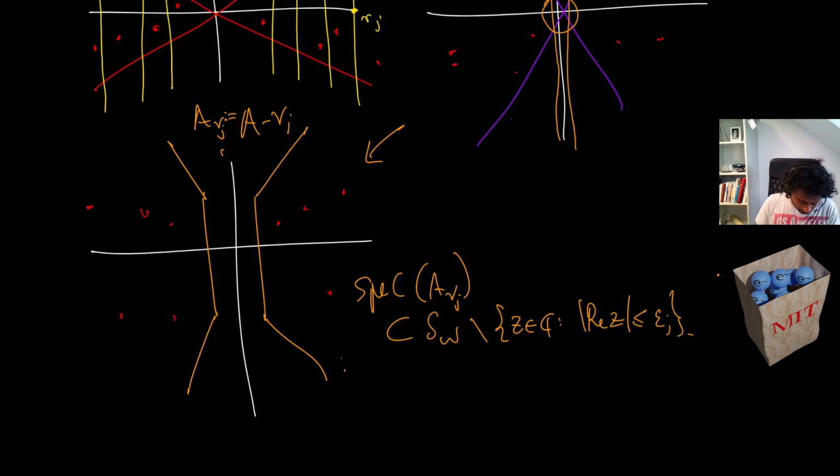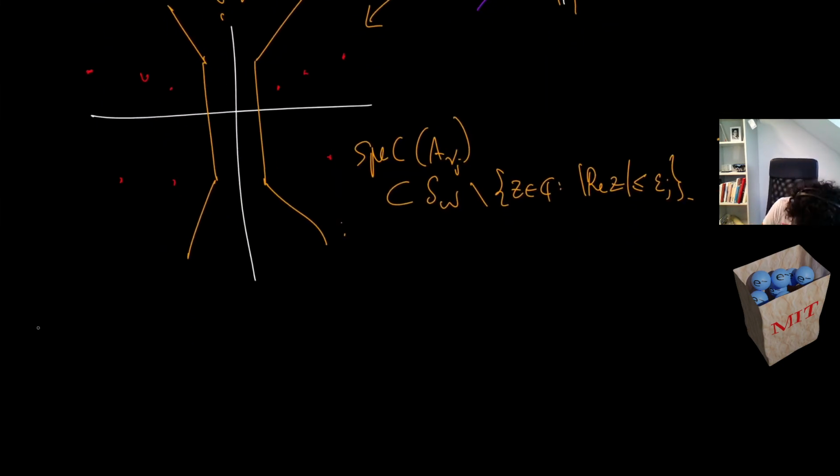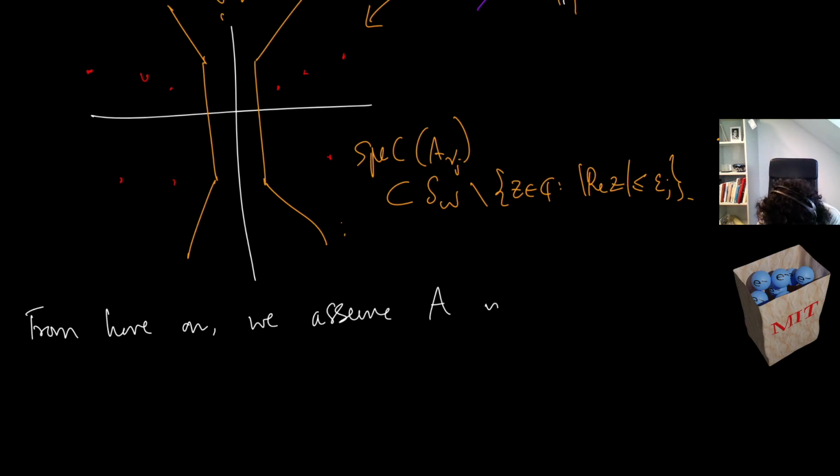As a consequence, what we're going to assume from here on is that A is omega bisectorial and invertible.